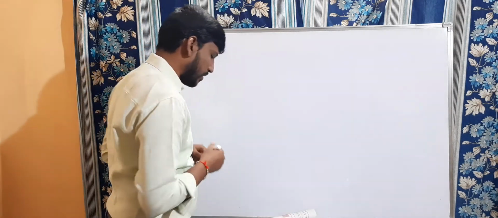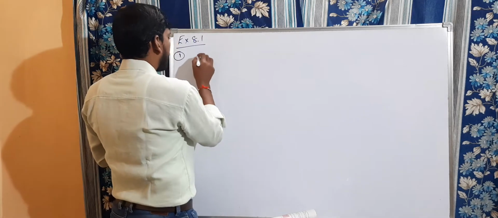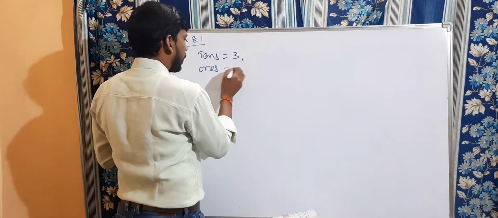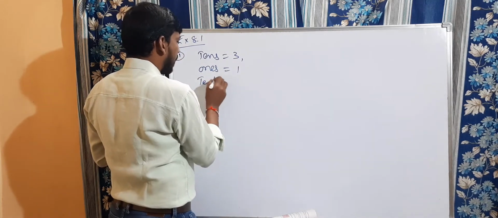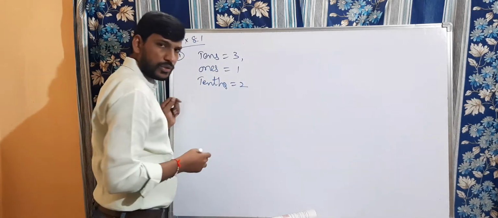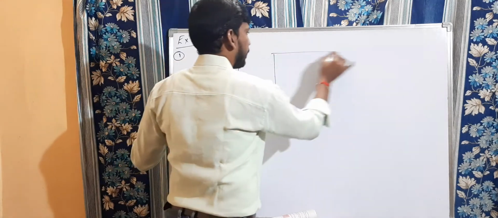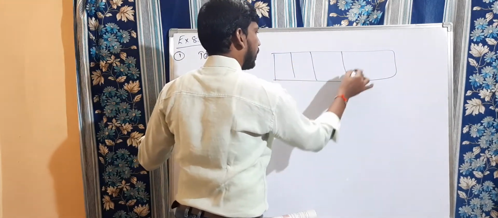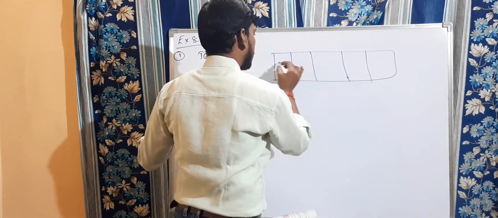See this here, I have the place value chart right here. Tens are 3, ones is 1, and tenths are 2. So this we are going to write in the given place value chart.